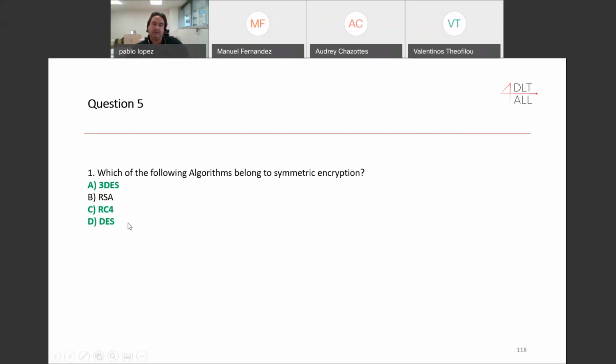Maybe the last one, the D, is the most known, but also these other ones belong to the symmetric encryption. Okay, let's see question 6.